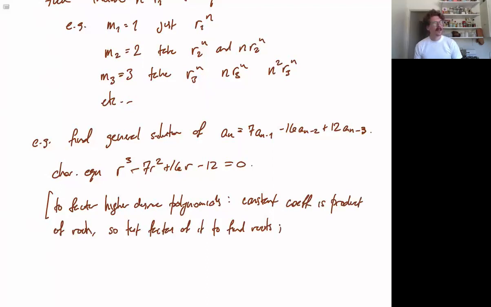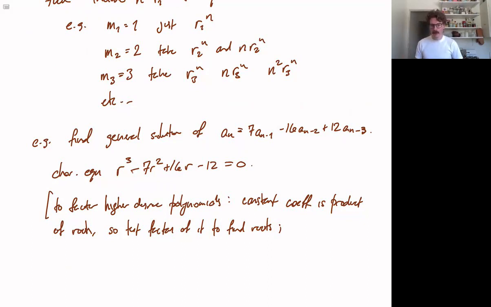So first of all, this will not always work, but it will always work if the roots turn out to be integers. And at least in the problems that I intend to be writing, the roots will always be integers. So this should work without fail for any problems that I will set. And let's do it in this case.